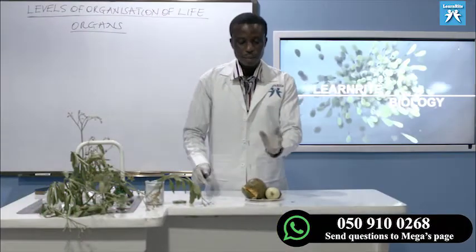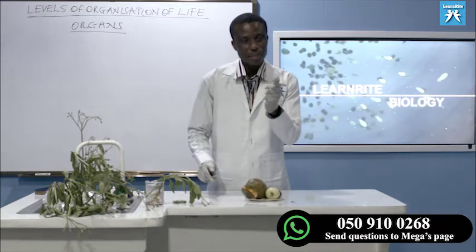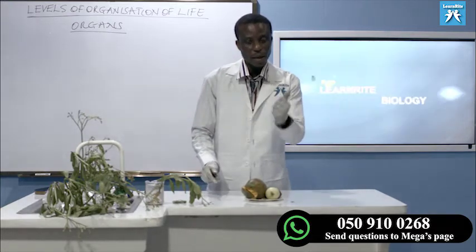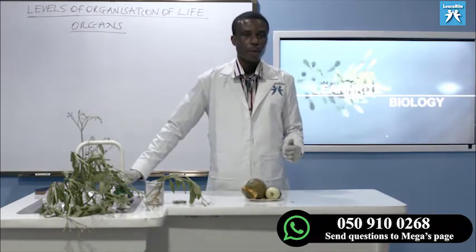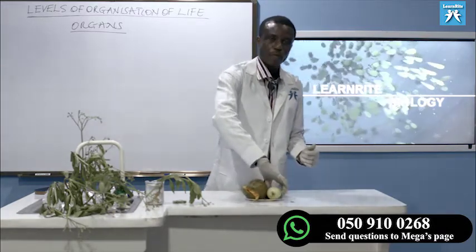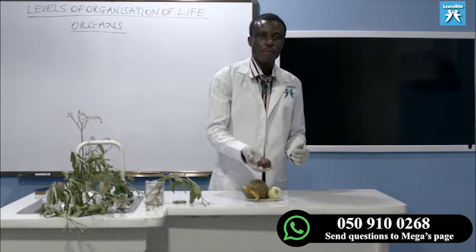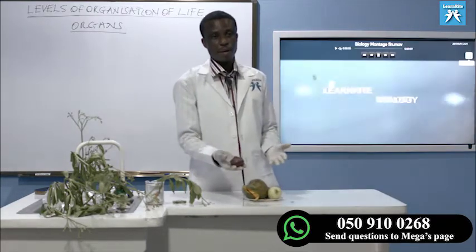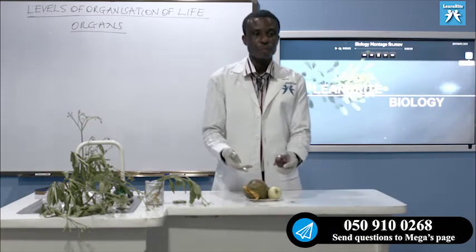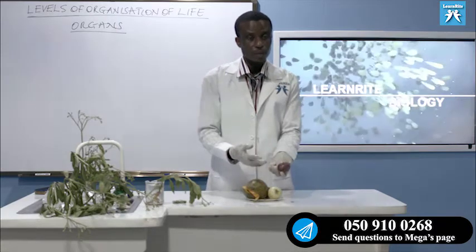So we have mentioned leaf, stem, root, flower, and fruit. This is another fruit too, apple. Then we have bulb. A bulb is an organ. Its function is to store food, also for vegetative propagation.